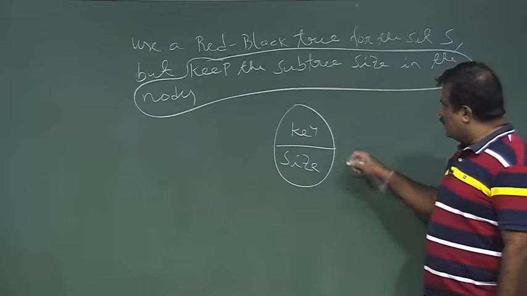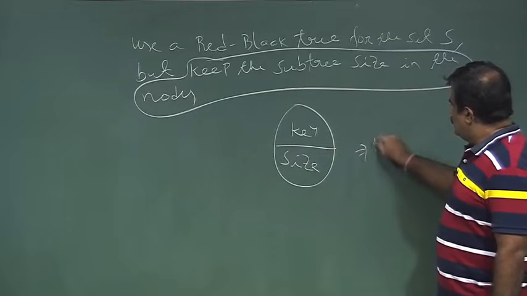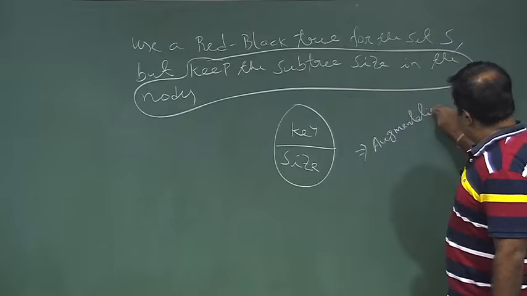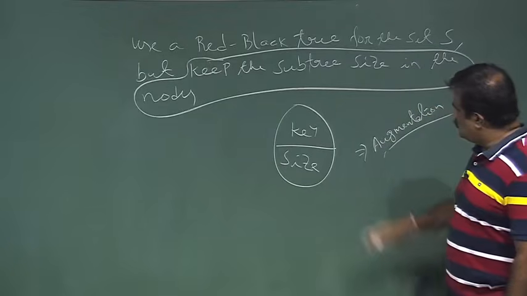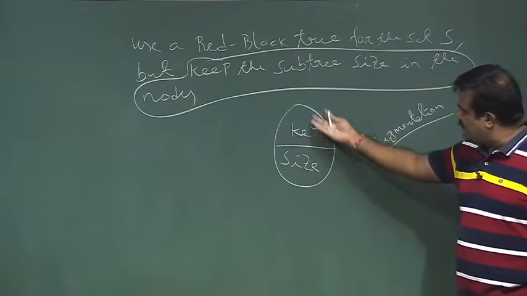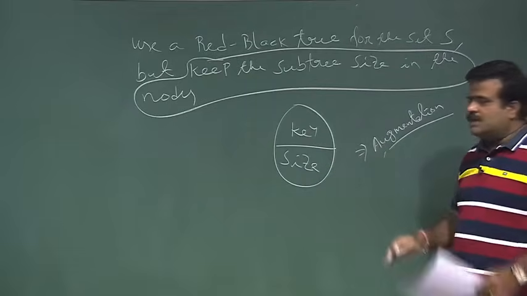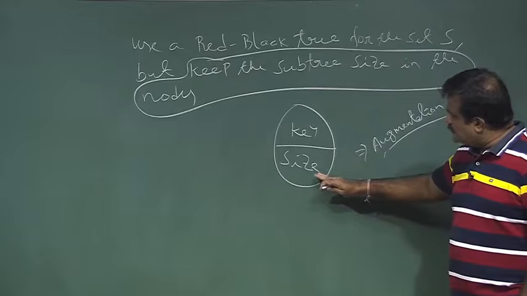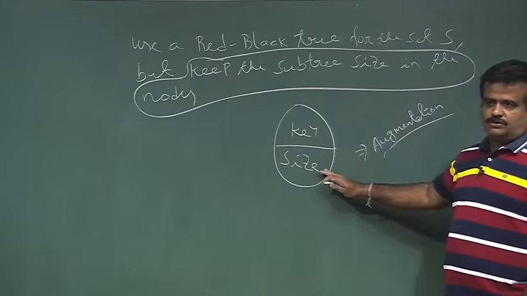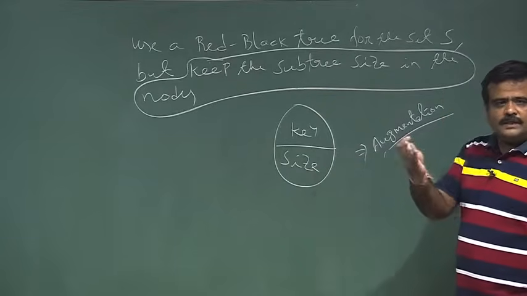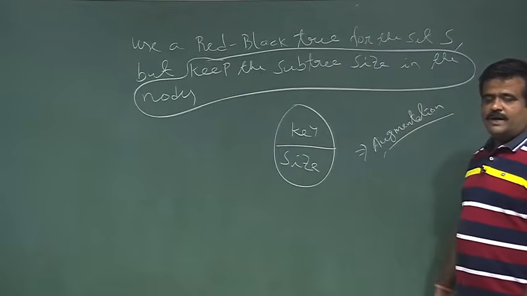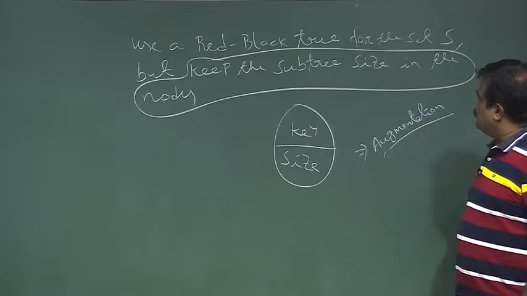This is called augmentation. In our red black tree we have the key, and based on this key we perform the operations, and with the key, in each node we also keep this information, which will help us with our dynamic order statistics problem.